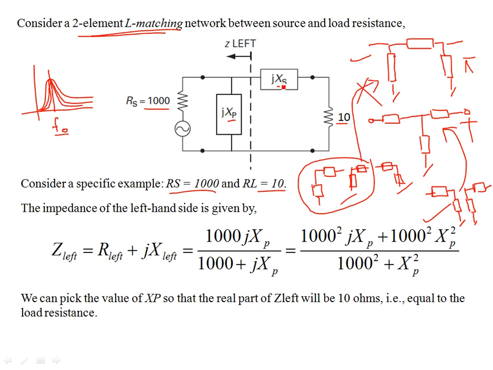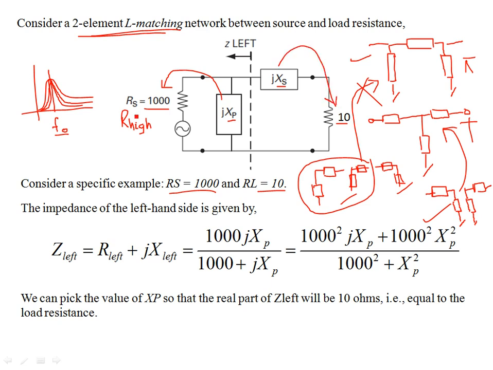The trick is to place the parallel reactance in parallel with the resistor that has a high value. So in this case, this is your R high, the high side of the resistance. 1000 is more than 10. And you place the series reactance with the low resistance.